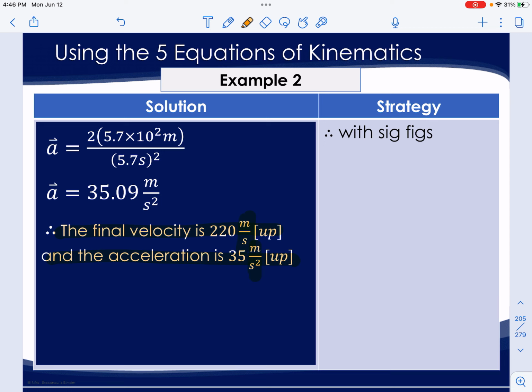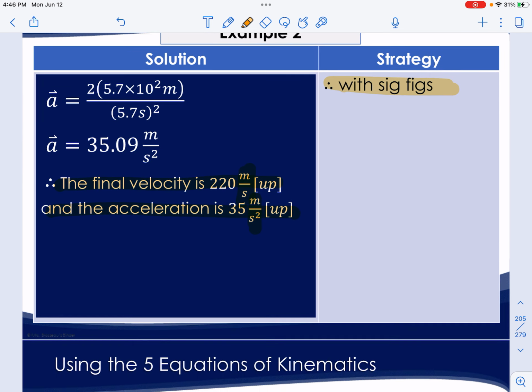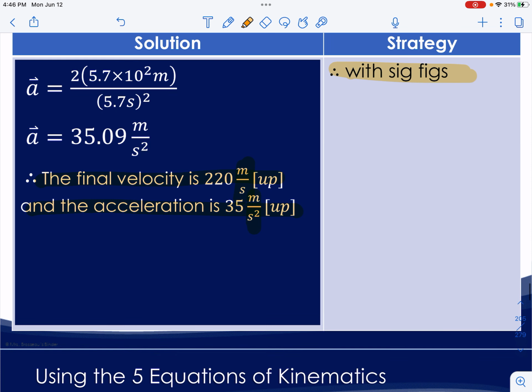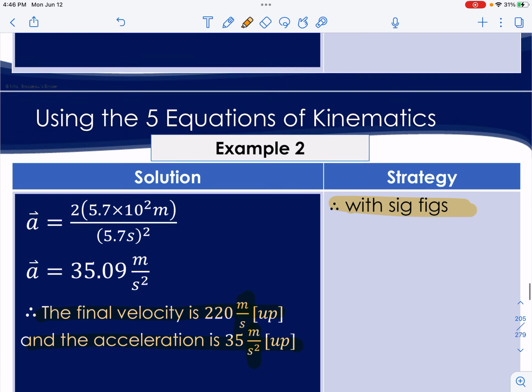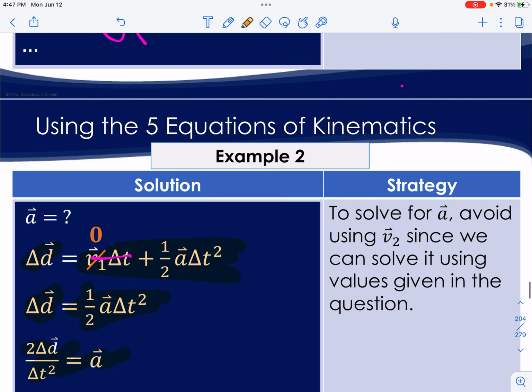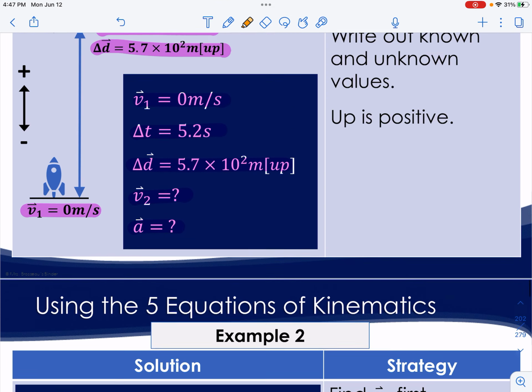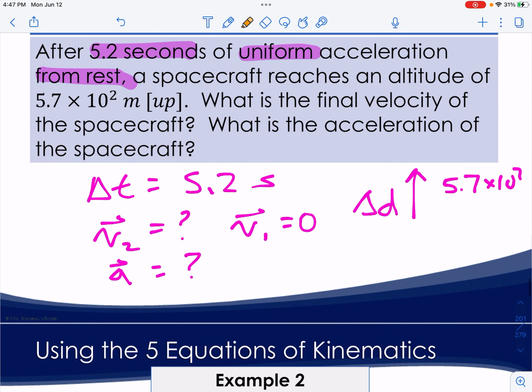Keep a note that you should always put in the correct units. Make sure that acceleration is meters per second squared. And again, it's talking about sig figs. I haven't really taught sig figs in this class, so don't worry too much about it. But the idea behind significant figures is that the number of decimal places used should be consistent with your problem. When I say consistent, it doesn't mean it should be the same, but there are various rules for figuring that out.